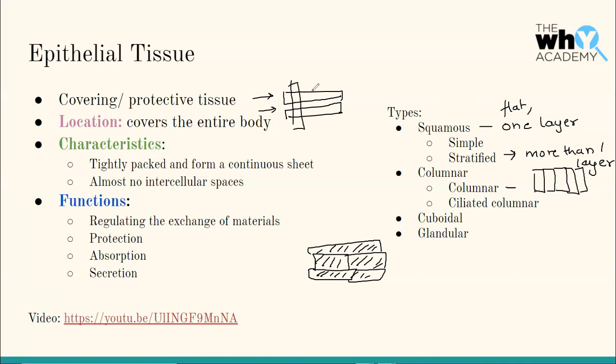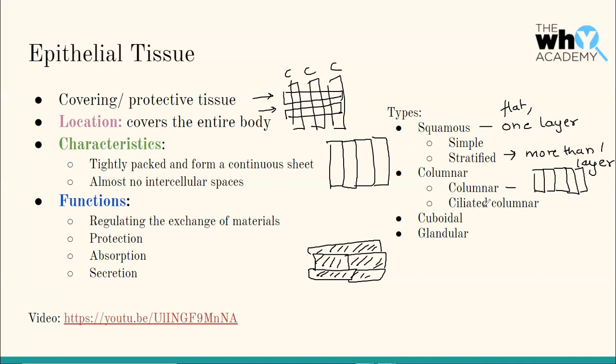And the vertical components are what are known as columns. I'll just write C here. So a column is a huge vertical kind of structure like this. So columnar basically will be like multiple columns, right?